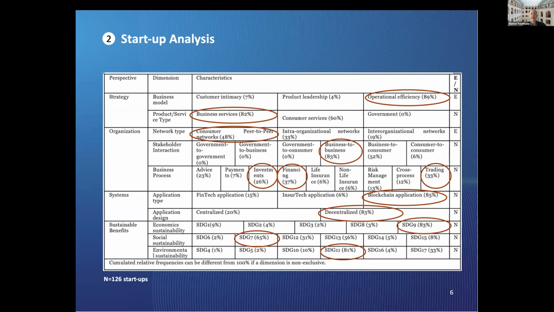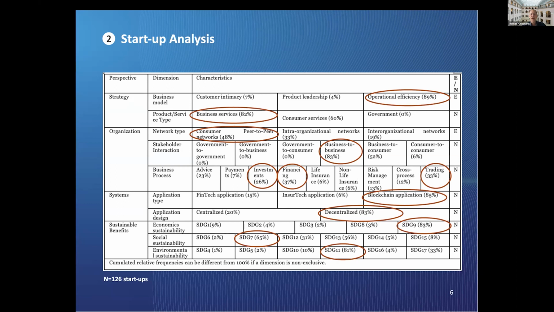So what does this say? This basically says that most of the startups at the moment that are around in this sustainable digital finance field are very much focused on incremental innovation. So they are focusing more on optimizing the status quo, for example, by providing better data for incumbent firms.